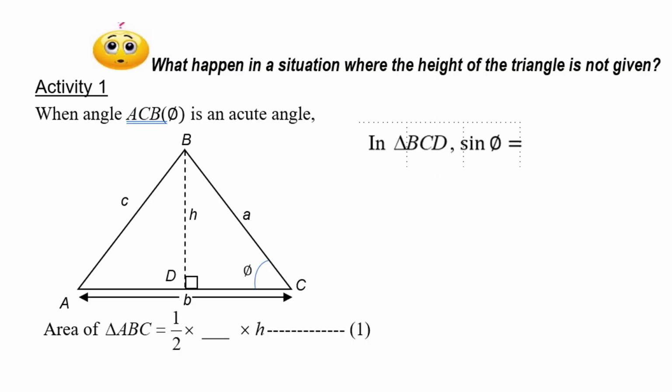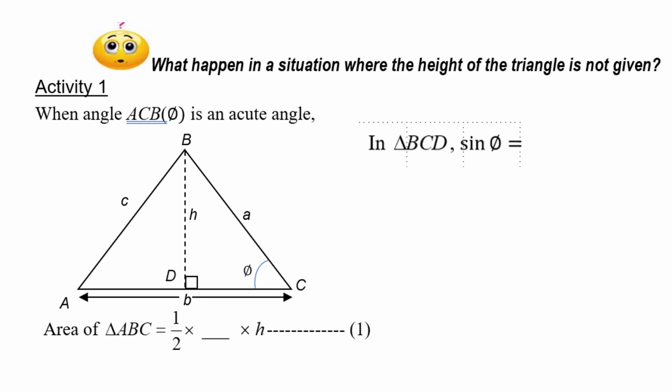Right, let's look at what happens in a situation when the height of the triangle is not given. So let's look at activity 1. In activity 1, you're given the triangle ABC, right? And you're given the angle ACB. We're going to call it phi. It's an acute angle. So how do you find the area of triangle ABC?